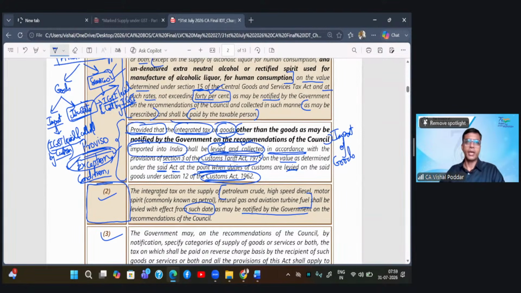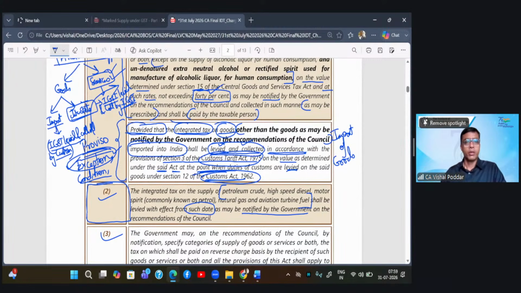So it is like this, IGST and customs both are brothers. So IGST is saying, boss, I am levying this tax, but you do everything. The timing part, the valuation part, the collection part, everything you decide. I hope this is clear, students.